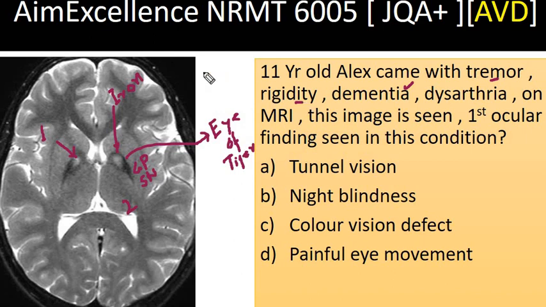This disease has two types. One is the classical type, where the disease sets in very early, even before 10 years of age. This is the classical sign, and the patient eventually dies in the teens, mid or late teens.